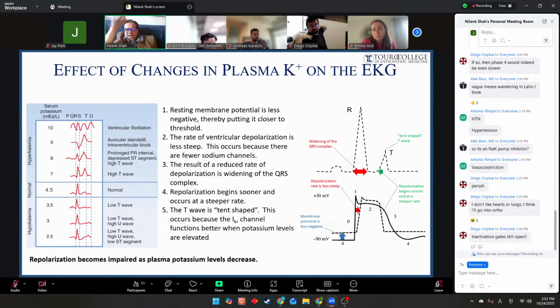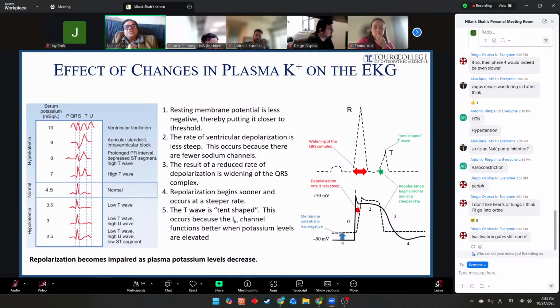And it occurs very quickly, that's why the T wave is shorter in terms of duration. It occurs at a fast pace and at a steeper rate, earlier and sooner. That will make the T wave tall, a peaked T wave. Okay, peaked T wave. Good.